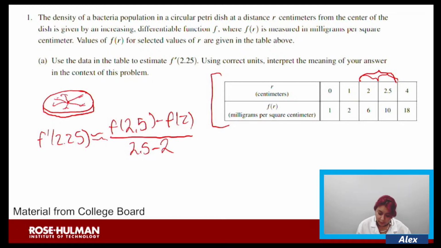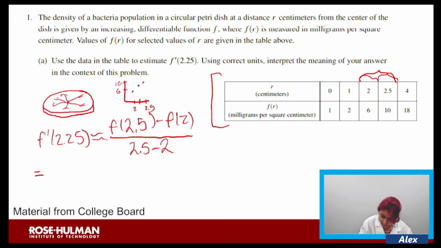We do this because if you were to look at a graph, you can make a graph right here really quickly. We say this is 2 and this is 2.5. We have exact values of what that's supposed to be, 6 and 10, but we're trying to find an estimation of the value between there. So we use calculus to find an estimation of what that value should be between these 2 points using the information that we have.